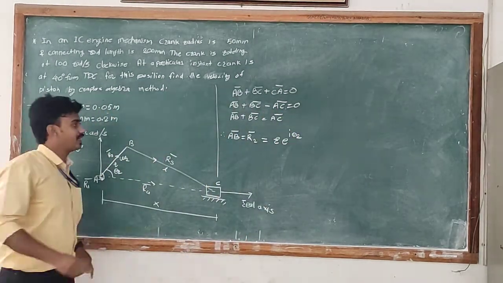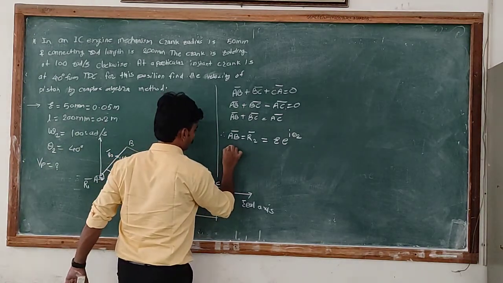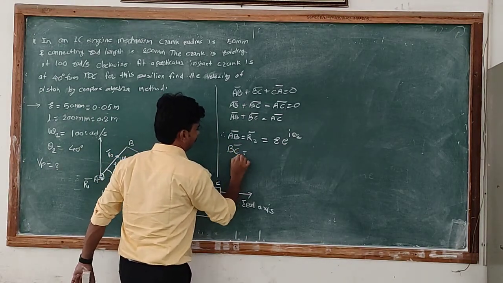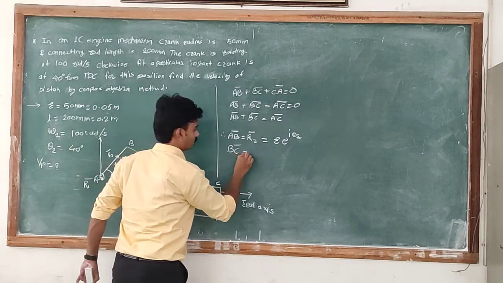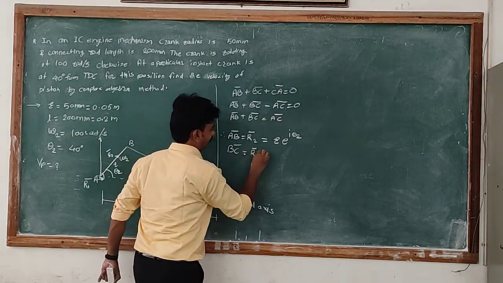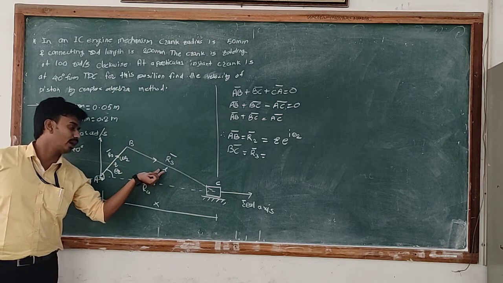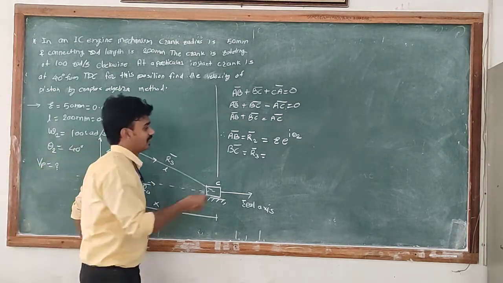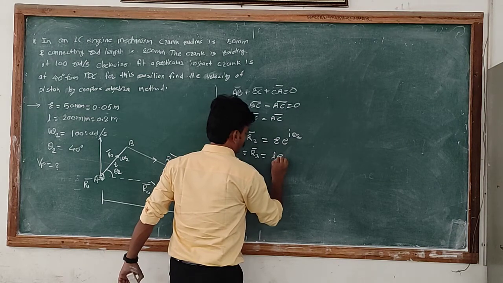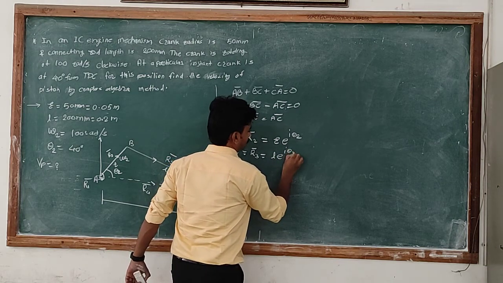Similarly, BC bar is equal to R3 bar, and the length of BC is L, so it is L e raised to j theta 3.